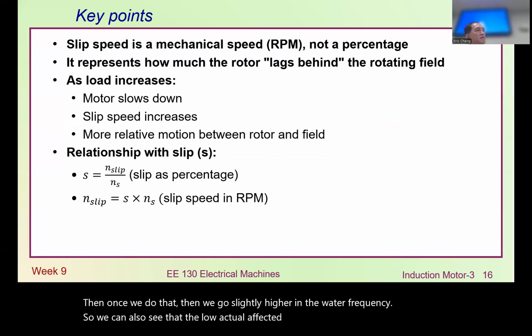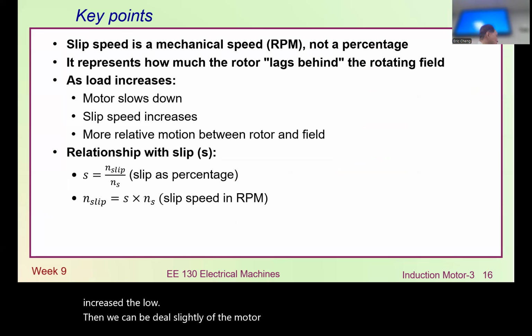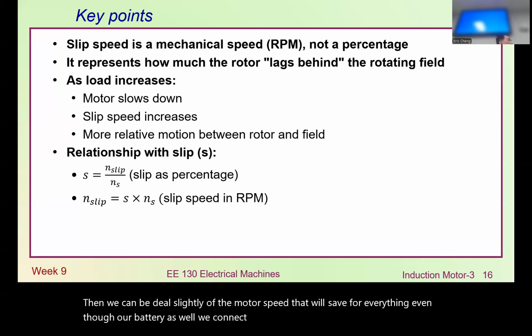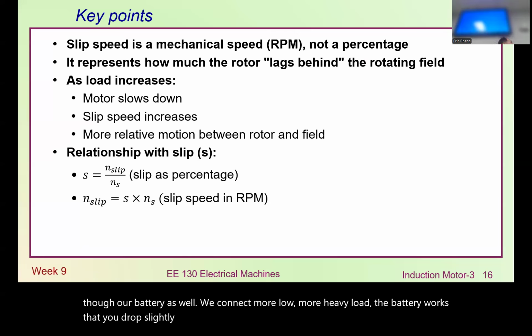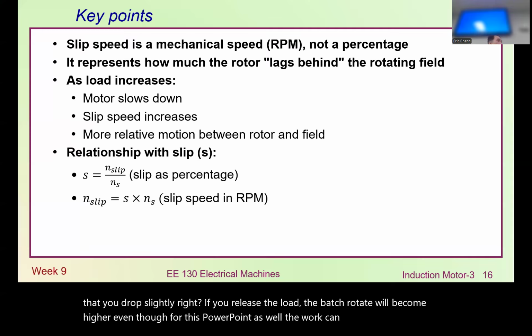So we can also see that the load actually affects the motor speed. In theory, if we increase the load, then the motor speed reduces slightly. That's the same for everything. Even our battery: we connect more heavy load, the battery voltage will drop slightly, right? If we release the load, the battery voltage becomes higher. Even for this power point, the voltage also varies with our loading connection.